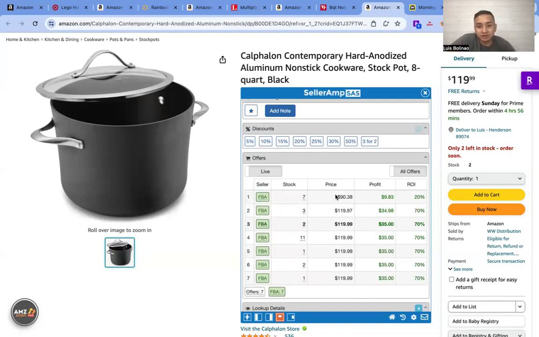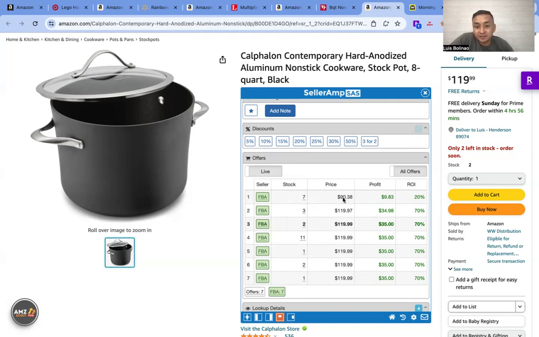Yeah, so I'll give you guys my opinion on it. 33 sales a month, right? It's not a lot of sales. But to me, there's only 7 other sellers, and if you look at their inventory, there's not a lot of inventory shared by these 7 sellers. Also, it's giving me a minimum of 20% ROI, which I'm okay with.